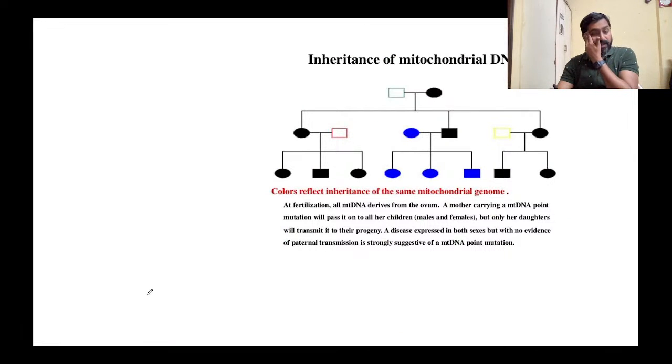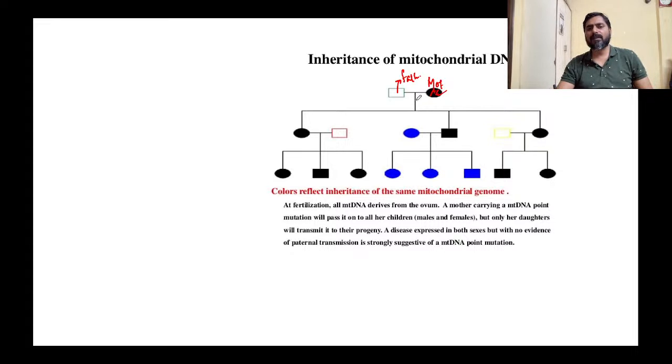So in this diagram you can see, let us say this is the father and this is the mother, and in black, the full complete body is black. It means that in her mitochondria there is defective DNA.